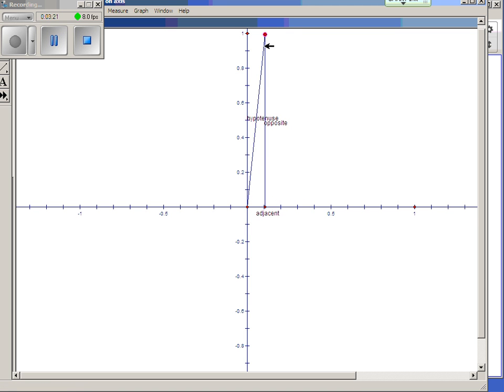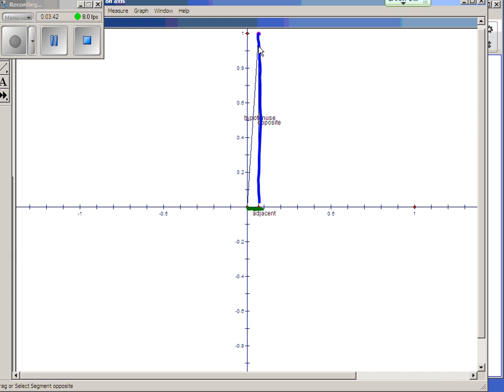And it comes from thinking about what's happening right before then. Our adjacent side is always our x, and our opposite side is always our y. Okay? So when we get up at the very top, you can imagine what's happening to my adjacent side as I'm getting closer and closer to 90.